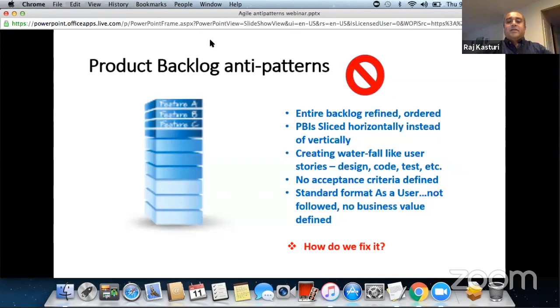Okay, let's look at product backlog anti-patterns. A lot of Scrum teams try to refine the entire product backlog, order the entire product backlog. That's an anti-pattern, right? We don't know when priorities will change, when the order of that will change, because requirements are constantly emerging, they are changing. So it's important for the teams to just focus on the most important ones. I normally suggest to teams to have enough product backlog refined, based on your past.